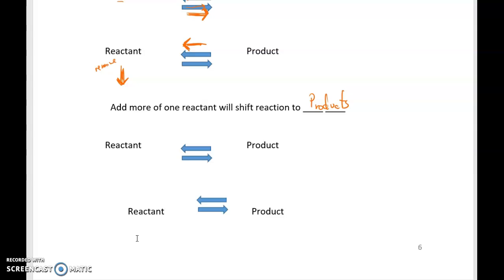So what if we start messing with the products here? I'm going to change my pen to a nice blue. So here we go. We're going to add more products. Well, that will increase the rate of this reaction. The backwards reaction is now faster.